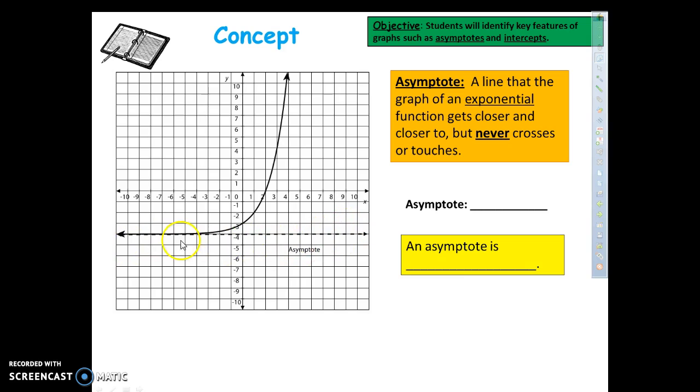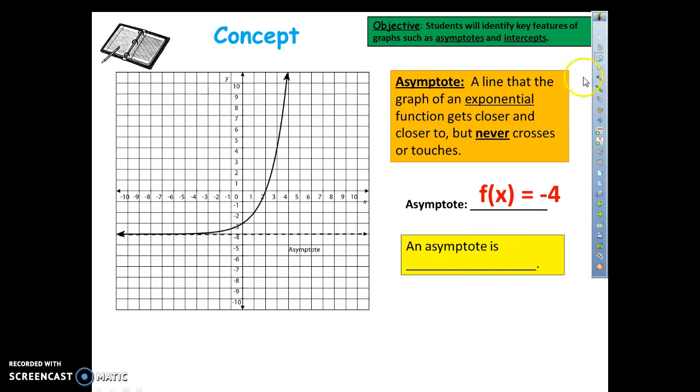So here I have this asymptote. And if you remember about exponential functions, it gets really, really flat on one side, and then it will shoot up. So for this example, my exponential function is approaching this dashed line. If I was to zoom in really, really close, you would see that this exponential function never touches this asymptote. Please make sure you get this down in your notes.